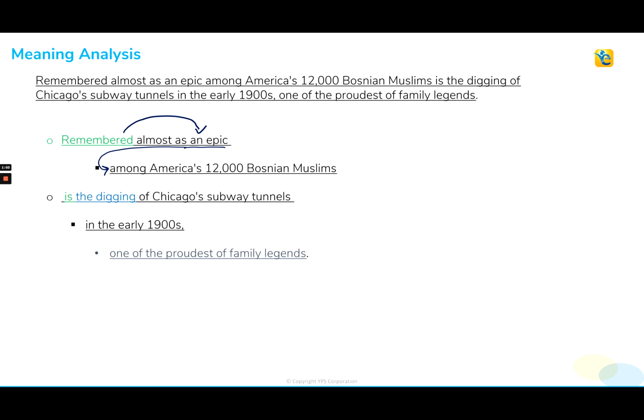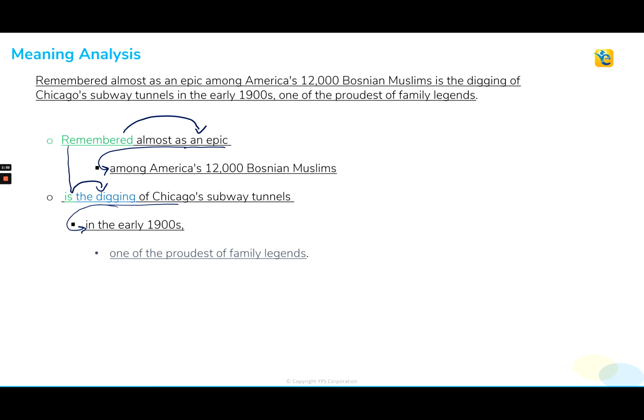So this digging of the subway tunnels seems to be what is remembered among this group of people in the early 1900s. So it seems that this digging is taking place in the early 1900s and one of the proudest of family legends.